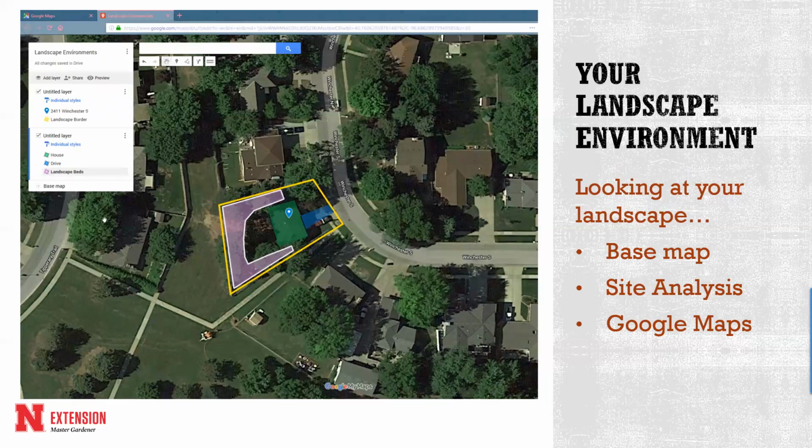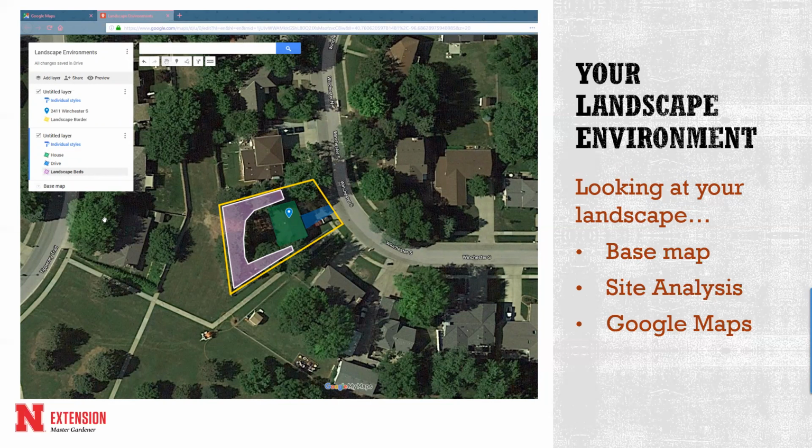So what I want you to do is look at this. This is a picture, again, from Google Maps. So I am looking at my landscape and I'm looking down on it. Google Maps is a very good tool to be able to use for some of this stuff. I drew the perimeter out in the yellow line of my landscape.